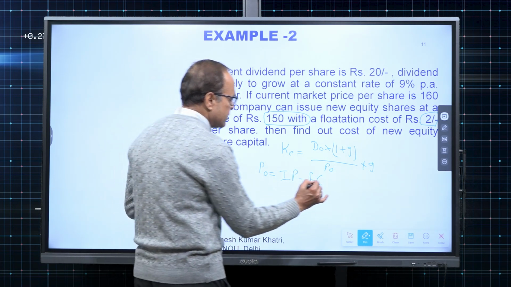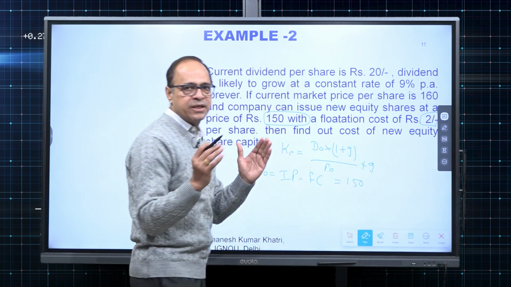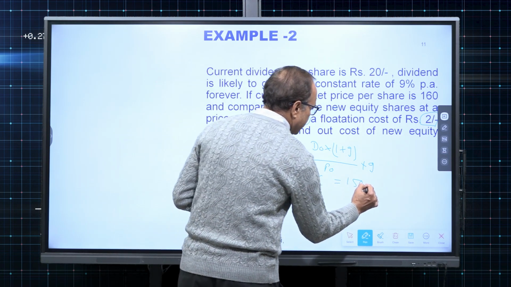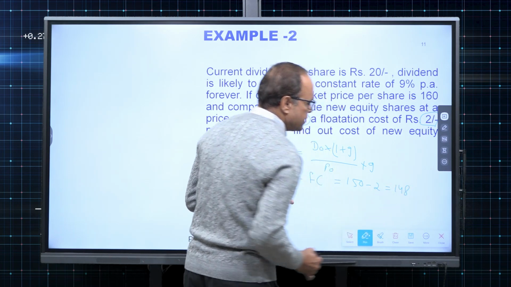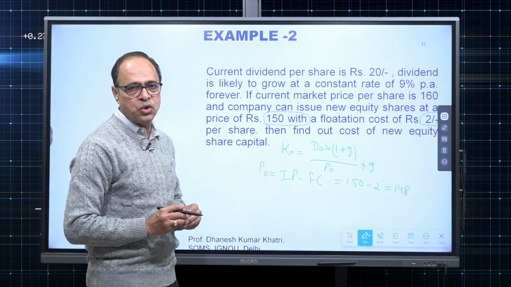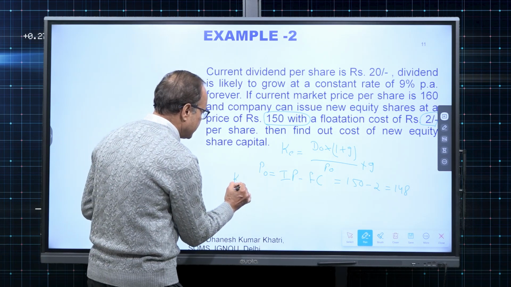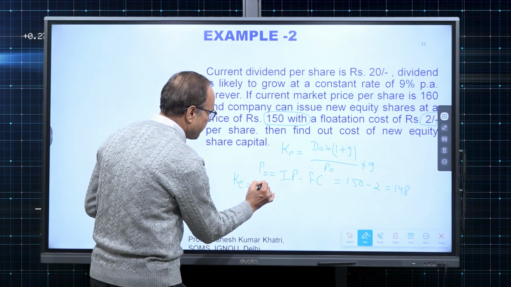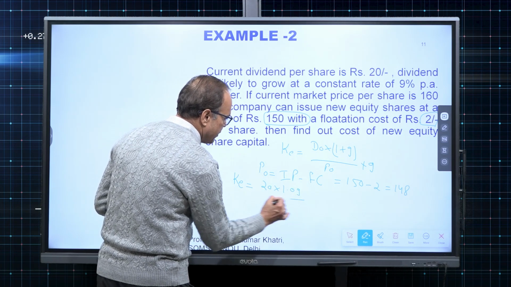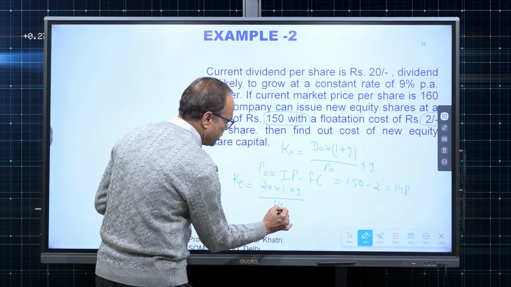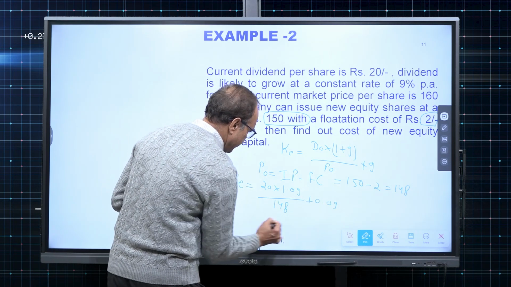Now, in this case P0 is nothing else but the net issue proceeds, that is issue price minus flotation cost. So at what price is the company going to issue the equity? 150, that is the new equity shares, and on every share the company will spend 2 rupees as the flotation cost. So instead of 160 which we used in the previous solution, we will be using 148. So KE in this case is simply 20 times 1.09 divided by 148 plus 0.09.